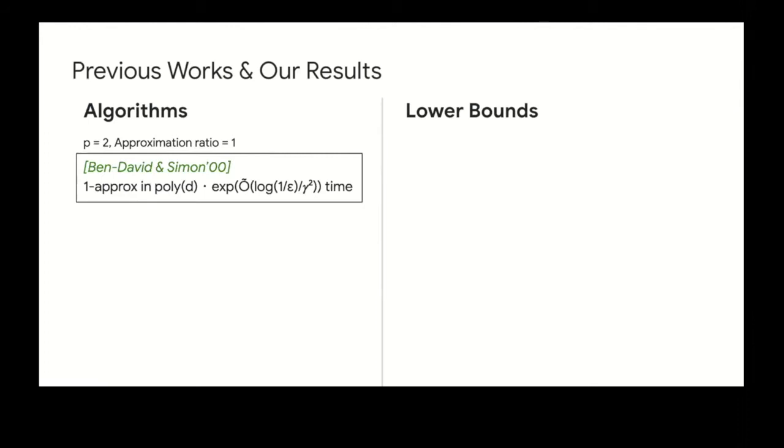However, the algorithm is slow when epsilon is small. If you think about 1 over epsilon as the problem size and 1 over gamma as the parameter, this is not FPT yet.